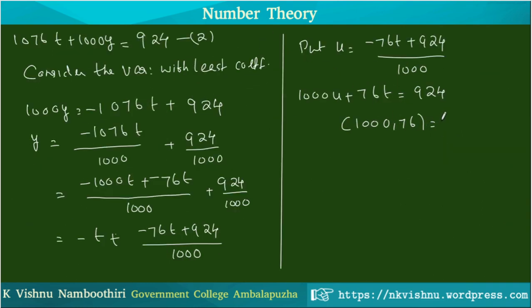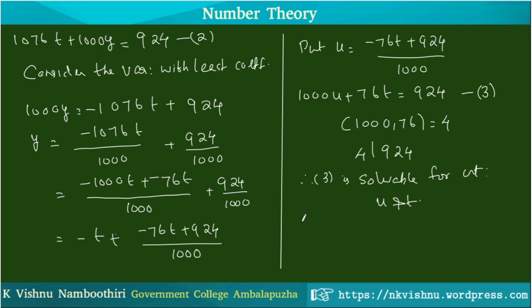So this GCD is 4, and 4 definitely divides 924. So this linear Diophantine equation 3 is solvable for integers u and t.